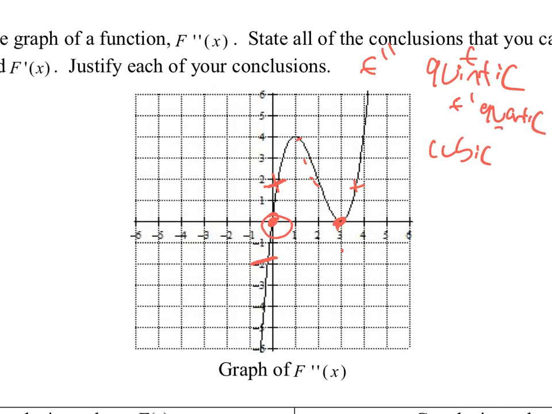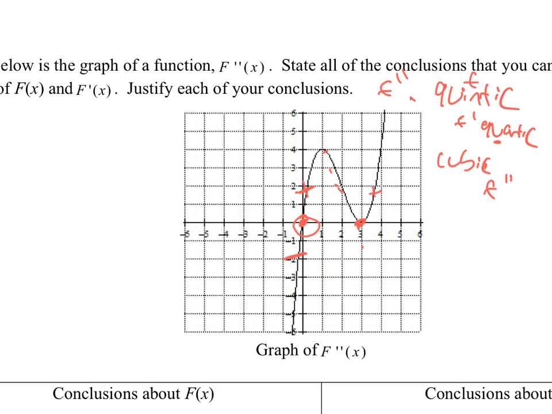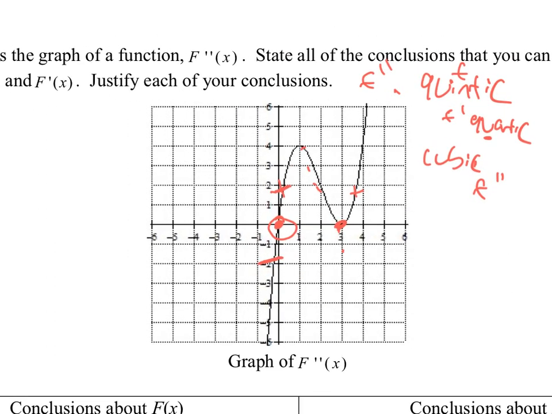Fourth degree. And then now we have the second derivative, which is a cubic. So take one power away each time. That means it went from a higher degree to lower degree to get to the second derivative.